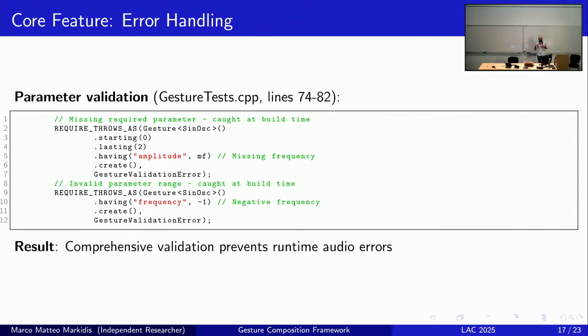So when I try to build it, I will get an exception from the constructor because I do not provide the necessary elements to construct the gesture. And in the second case, I'm providing a negative frequency. If we have a look at the SYNOSC, I defined that the frequency for a SYNOSC cannot be negative. So effectively I will have an exception because I'm providing a negative frequency.